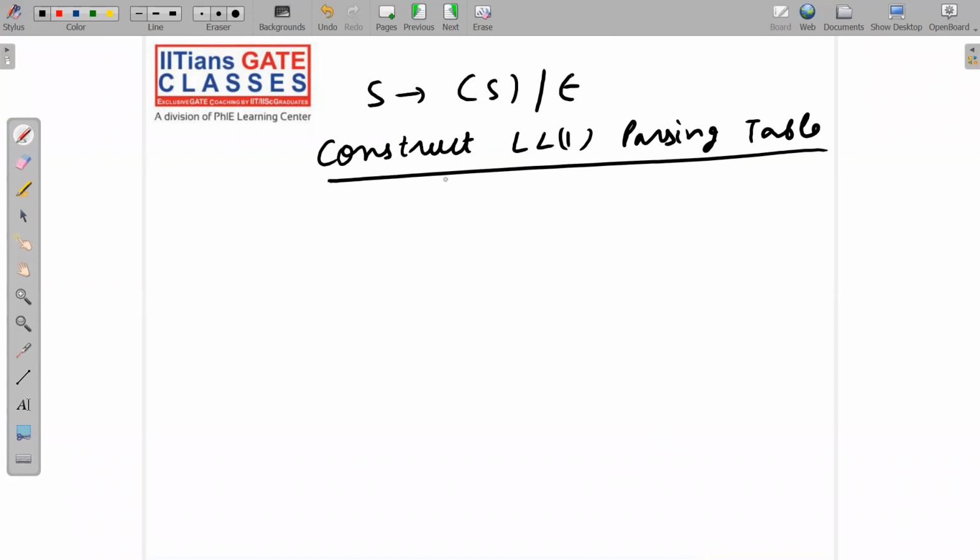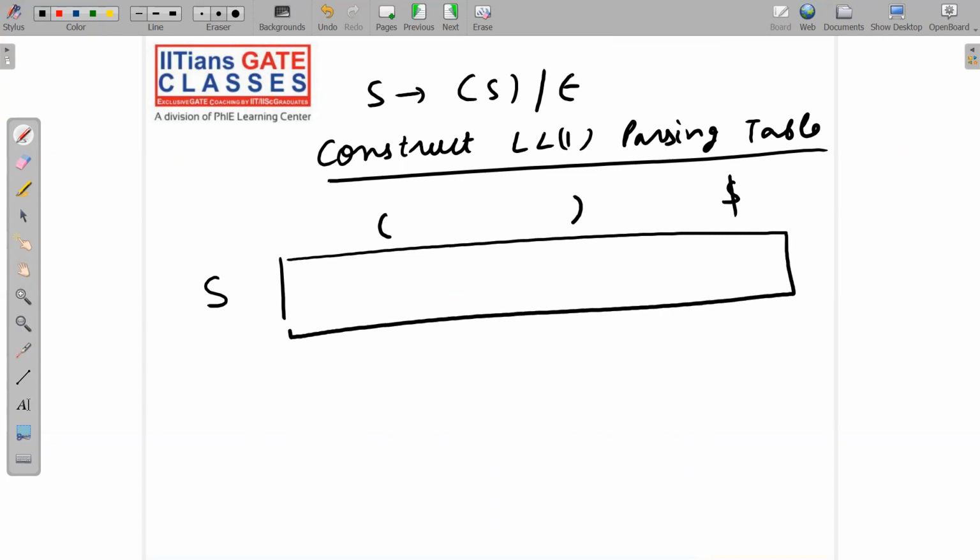See, in the table, first of all, tell me what we will be having: only one row. That is because there is only one non-terminal, that is capital S. So it will be having only one row. Okay. And terminal symbols: opening bracket, closing bracket, and $. So in total we will be having only 3 cells.